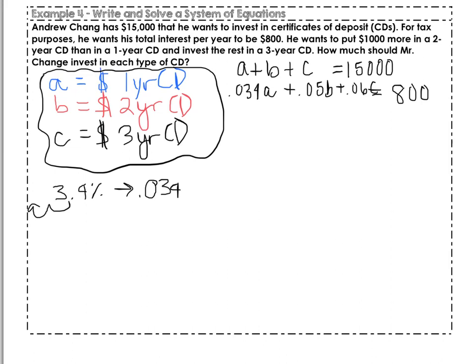So he wants to put $1,000 more in a 2-year CD than in a 1-year CD. So what we're really going to do is take that $1,000. We're going to add it to the amount we put towards A. When we take that $1,000 and add it to whatever amount of money we're putting towards A, that's going to equal our B. Okay, so now we have our 3x3 system of equations.